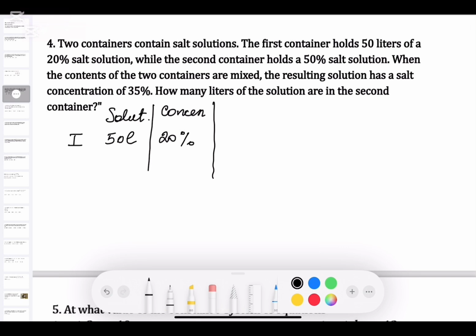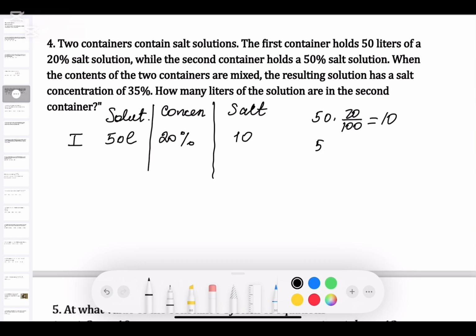Given these two pieces of information, we can already find the amount of salt in the first container, which is basically 20% of 50, and it's going to be equal to 10, isn't it? How can we find 20% of 50? 50 times 20 over 100, so it's going to be indeed 10. Or we can use proportion.